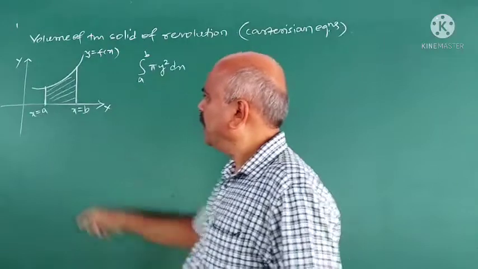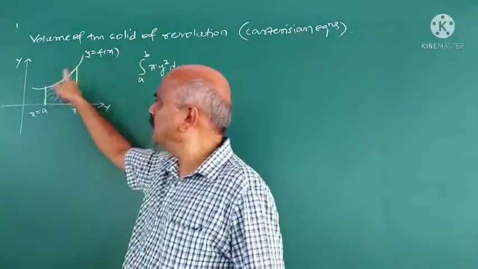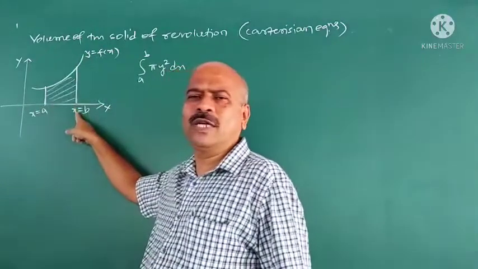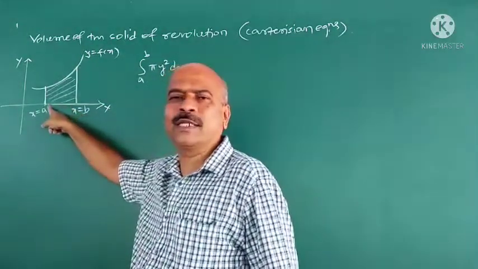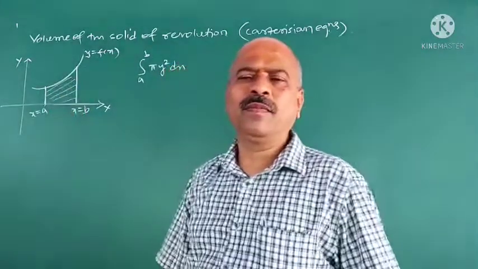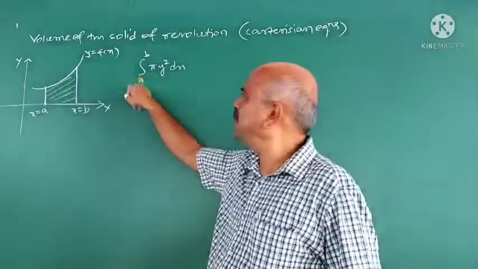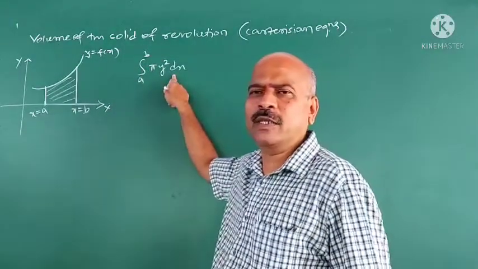That is, the area under the curve y equals f(x), with ordinates at x equal to a and x equal to b, is revolved about the x-axis. Understand clearly, about the x-axis. Then the volume of the solid thus obtained is integral a to b pi y square dx.